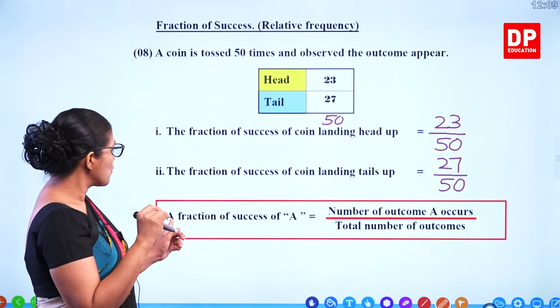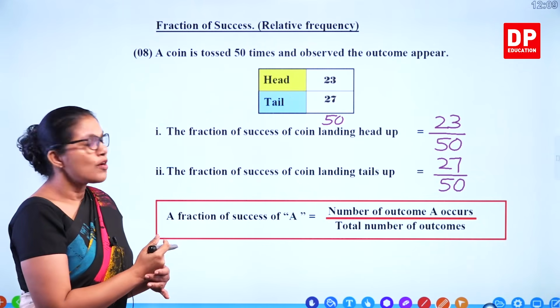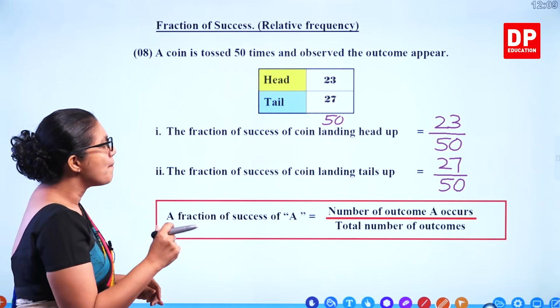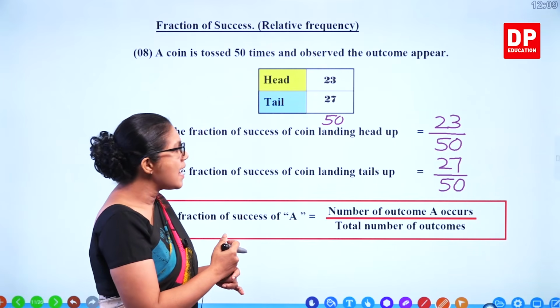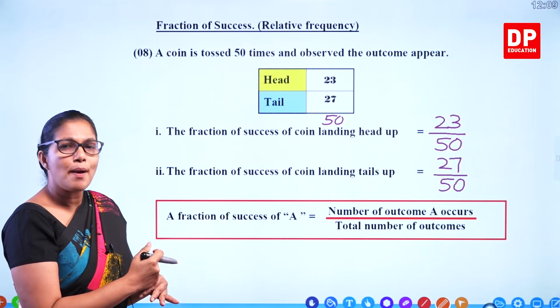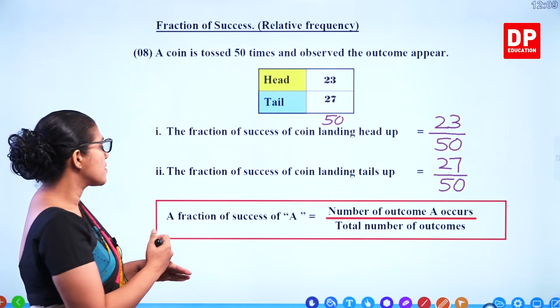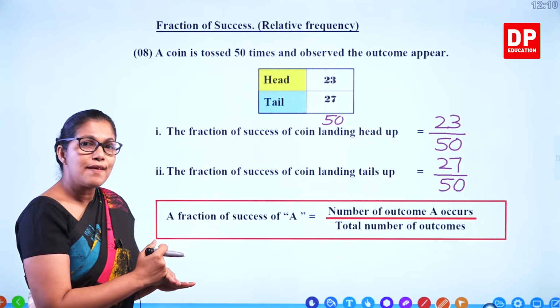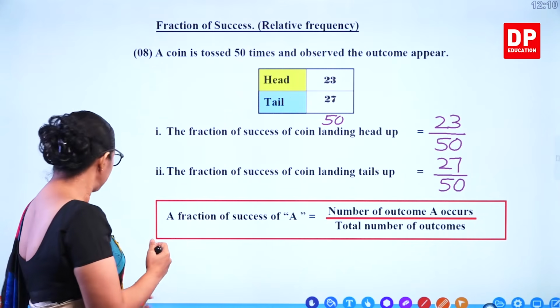So when it comes to the fraction of success of A, how do we find it? Number of outcomes of A divided by the total number of outcomes. So that's the fraction of success, or we call it relative frequency.